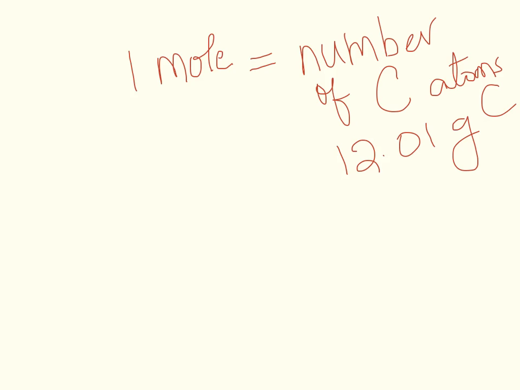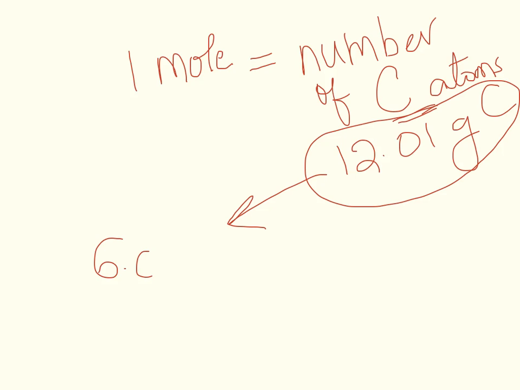So 1 mole of atoms, the number of carbon atoms present in 12.01 grams of carbon, is equal to 1 mole. So 12.01 grams of carbon contains 6.023 times 10 raised to 23.